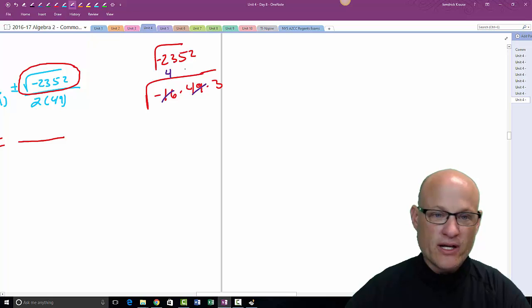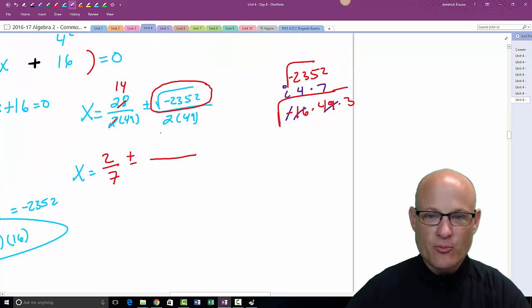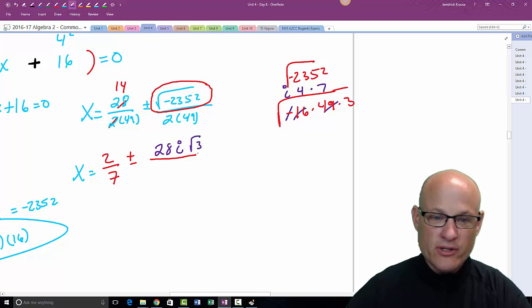What is the square root of 49? 7. So those make 28. But don't forget, I still have this negative here, so that's an i. All right, here we go. So we end up with 28i square roots of 3 all over, well, it turns out 98.